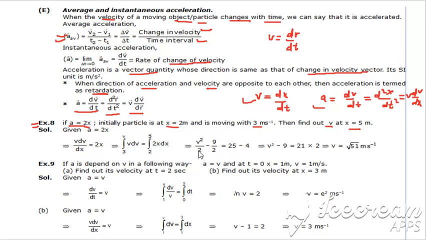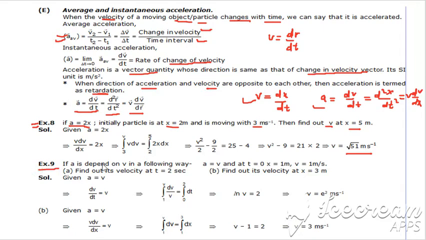When we integrate, the left hand side will be v square by 2 minus 9 by 2, and the right hand side will become x square, which will lead to 25 minus 4. Simplifying will lead to root 51 meter per second as the answer. So here the definition of acceleration that has been used is v dv upon dx. In case of such questions, we need to be wise to choose which definition is going to be suitable.